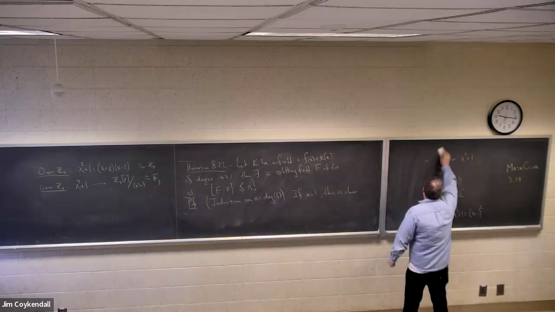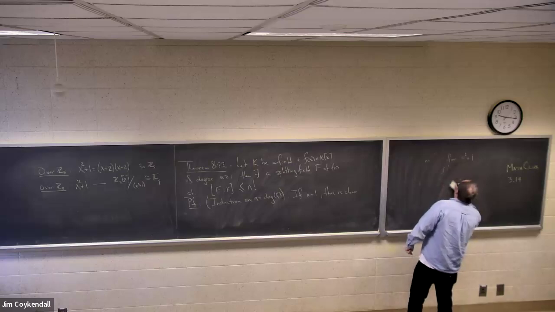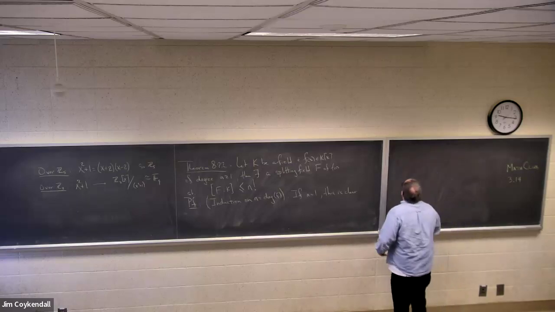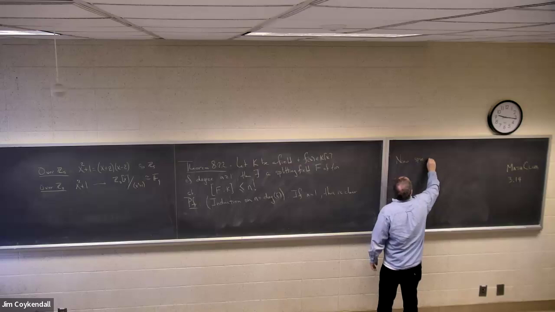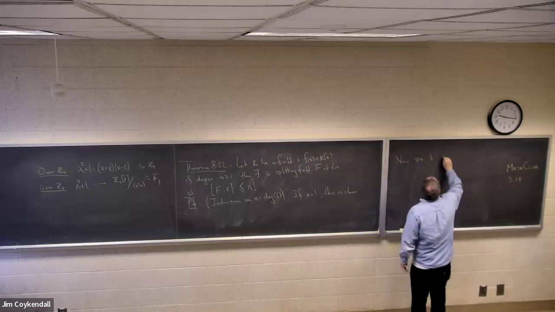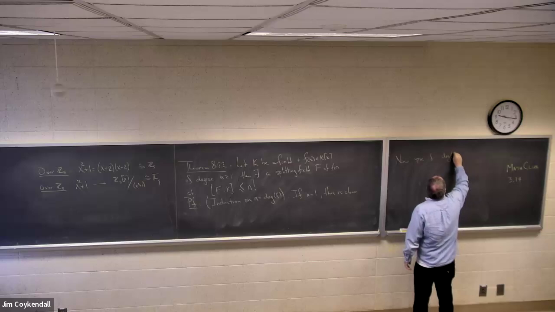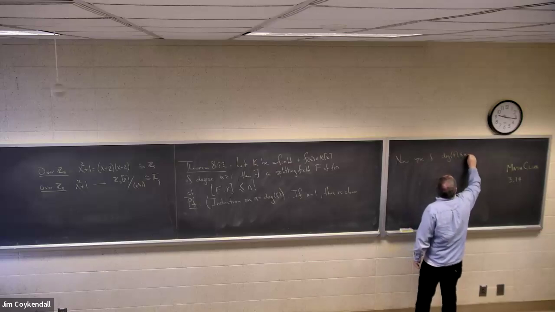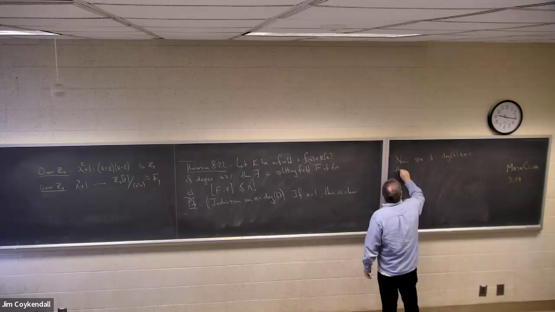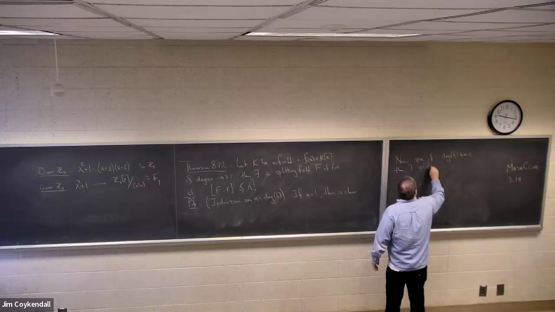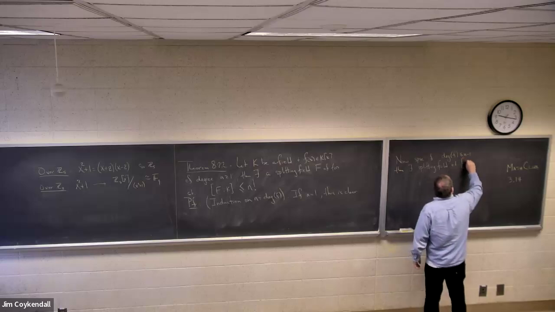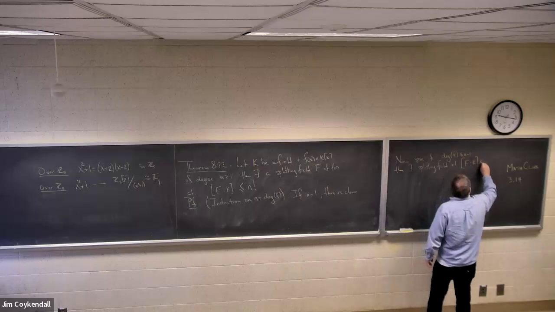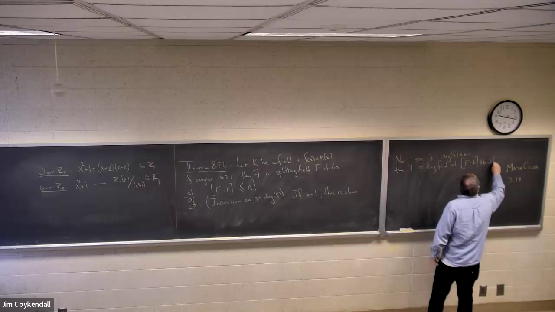So, for my inductive hypothesis, suppose that if the degree of f is less than n, then there exists a splitting field such that its degree over k is no more than n minus 1 factorial.